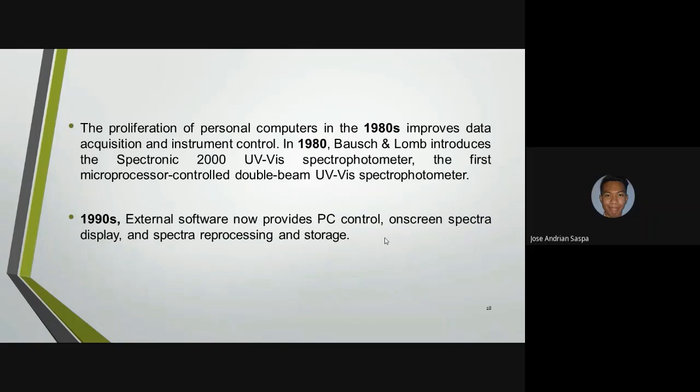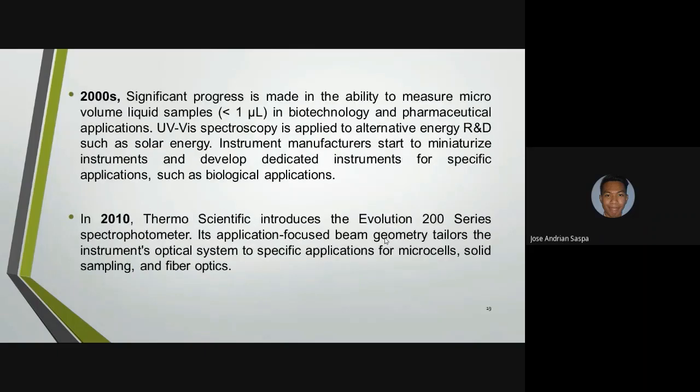In the 1990s, external software provided PC control, on-screen spectra display, and spectra reprocessing and storage. In the early 2000s, significant progress was made in the ability to measure microvolume liquid samples in biotechnology and pharmaceutical applications.